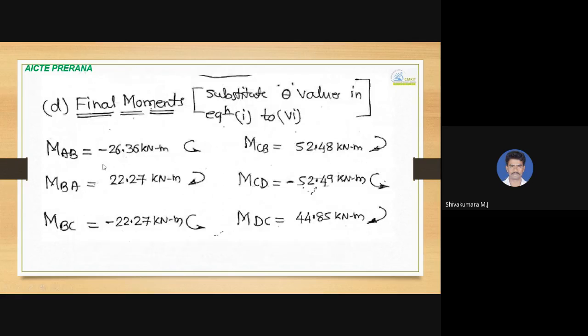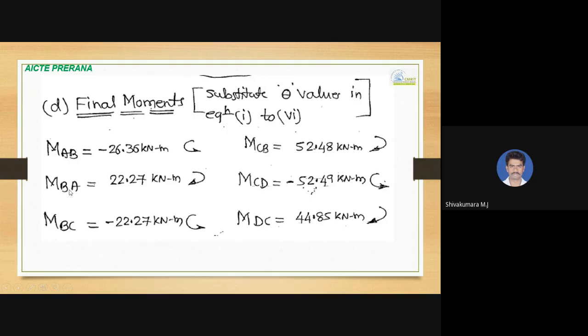So this is where it is calculated. MAB is negative, so it is anti-clockwise. MBA is 22.27 positive, clockwise. MCB clockwise, MCD anti-clockwise, MDC clockwise, and MBC anti-clockwise based on sign convention, as shown on the tab.